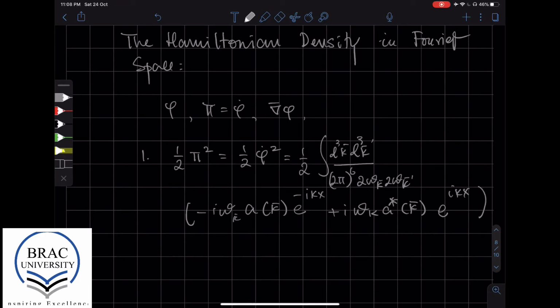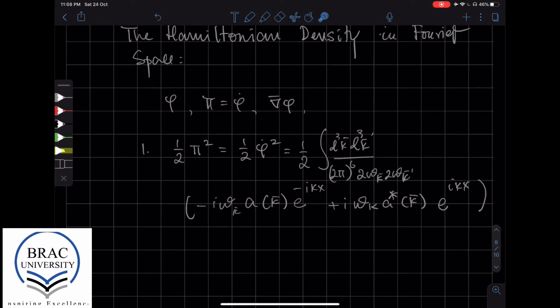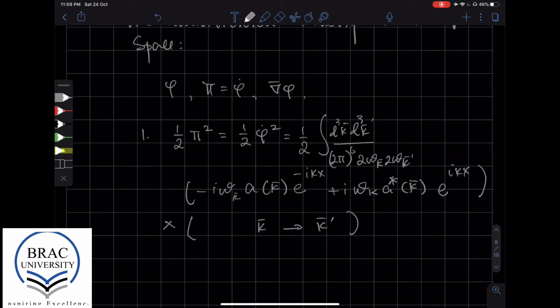These things come down from the exponential because we are calculating pi squared. We have to take the time derivative of phi. And then we have a term which is exactly the same thing, except that k is replaced by k prime in the second term. So this is a multiplication of these two terms.